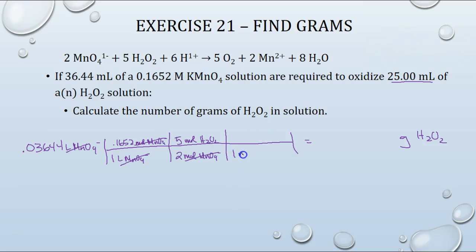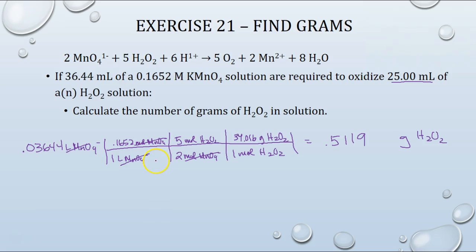And so now I'm going to grams of H2O2, and that is 34.016 grams of H2O2, and I get an answer of 0.5119 grams. So that's the answer to the number of grams of H2O2 in solution. Okay, so that's the first part of the problem, and it was exactly the same as all of the other things that we've done in class.